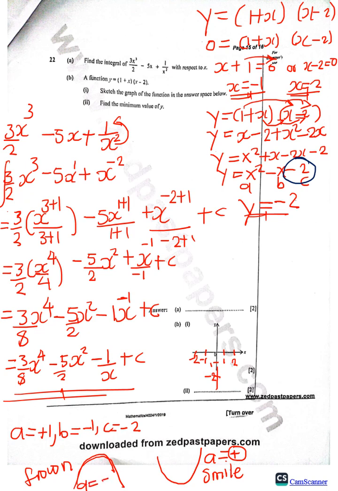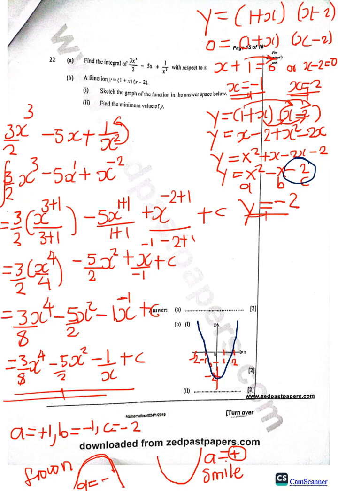So in our case, a is positive, so we are going to have a smile shape. That's why we have the y-intercept on the negative part. So we can now draw our curve. This curve will pass through, like this. So that is our sketch. That's what you can do.